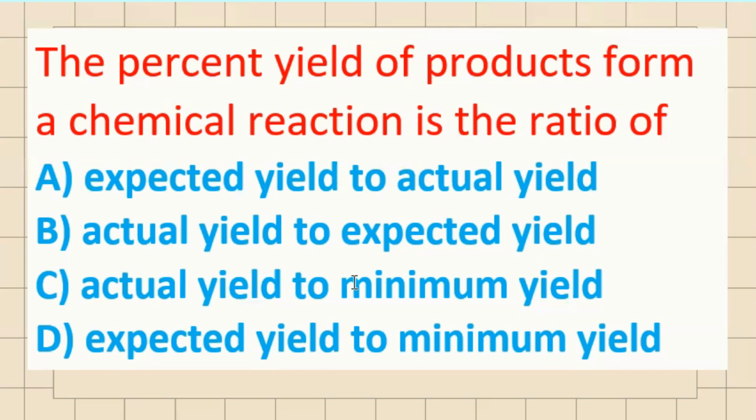Actual yield and minimum yield are the same. Expected yield to minimum yield is similar to A. A and D are the same because minimum yield is actual yield. Therefore, A and D cannot be the answer. C also cannot be the answer because minimum yield is actual yield. Therefore, the answer is B.